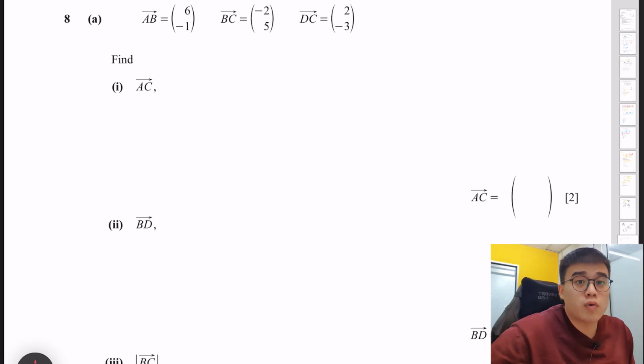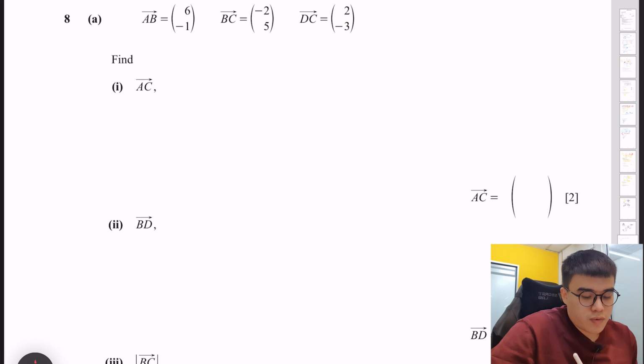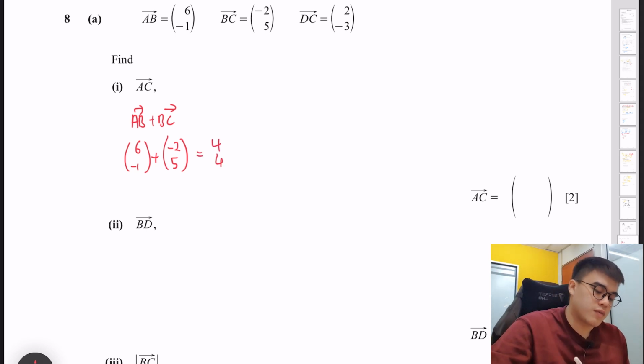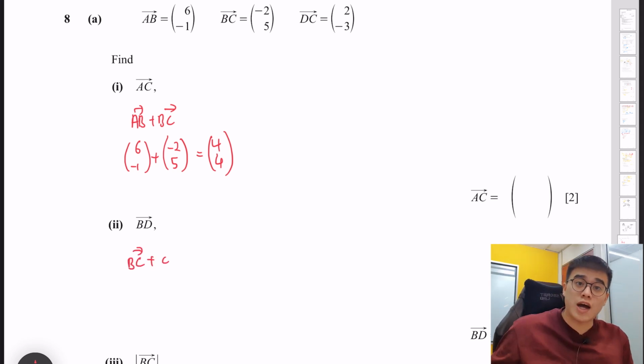So we are solving question 8a now, where AC will be AB plus BC. It should be 6, -1 added with -2, 5. So with this, your final answer should be 4, 4. Whereby for BD, it will be BC added with CD. So there's a change of direction.